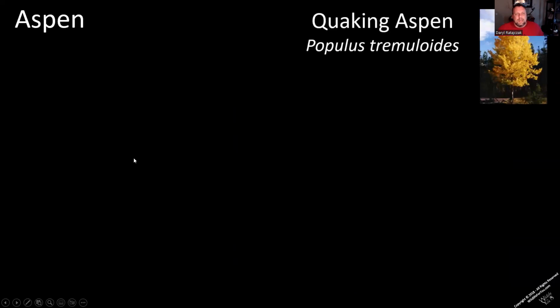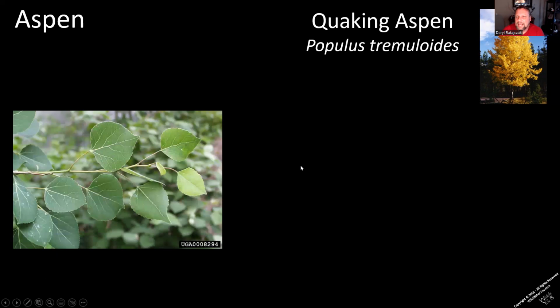Just so you know, I'm going through these alphabetically, I believe. So the next one is quaking aspen. And again, there are going to be multiple species within these, so I'm just giving you one of the primary species. There are different varieties you'll find. But quaking aspen, Populus tremuloides, is one of my favorites. I kind of like that name.